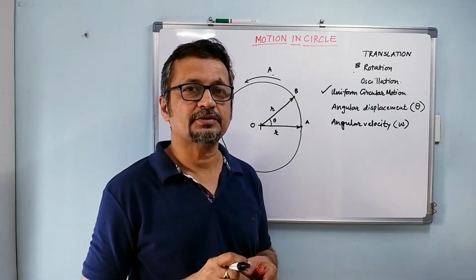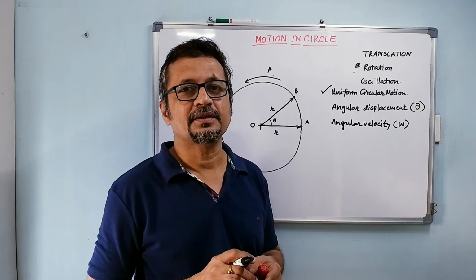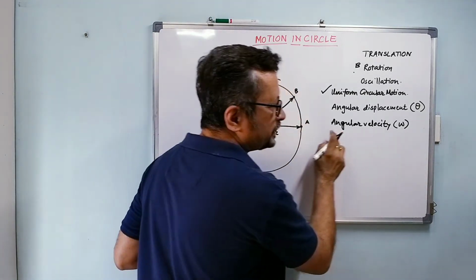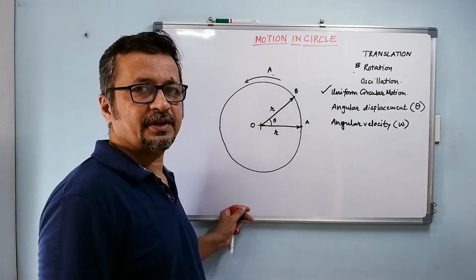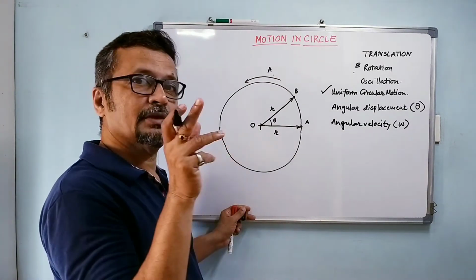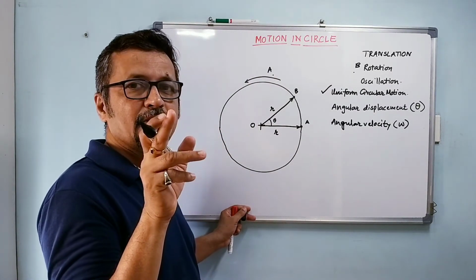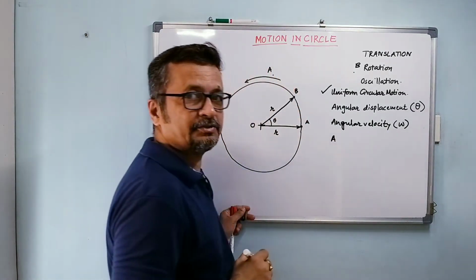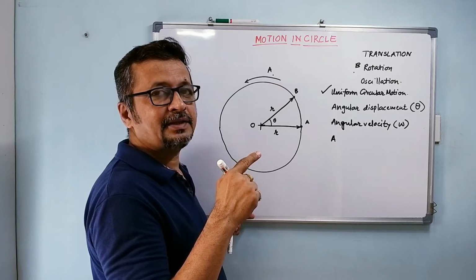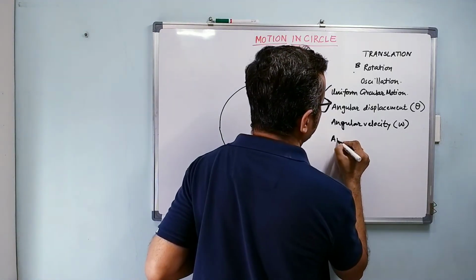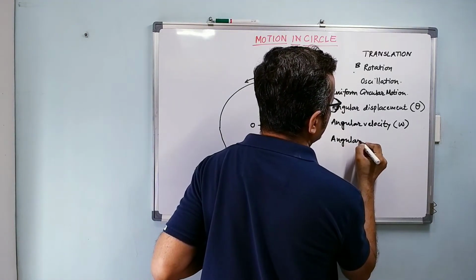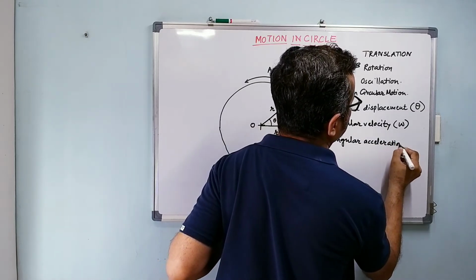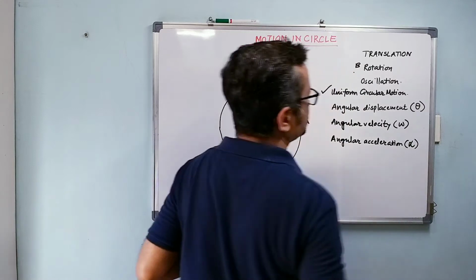And if my linear velocity is changing, then my angular velocity also will be changing, right? So if my angular velocity is changing, that means there is angular acceleration, and we would denote that angular acceleration by Greek alphabet alpha.